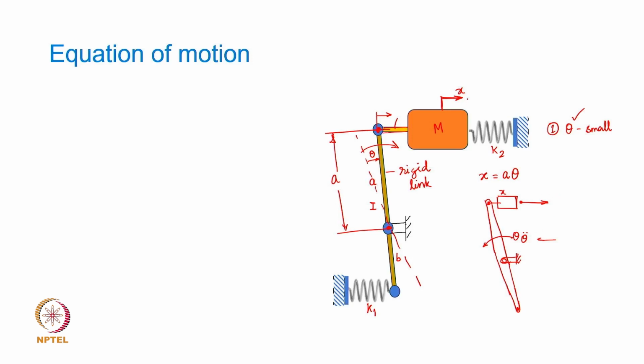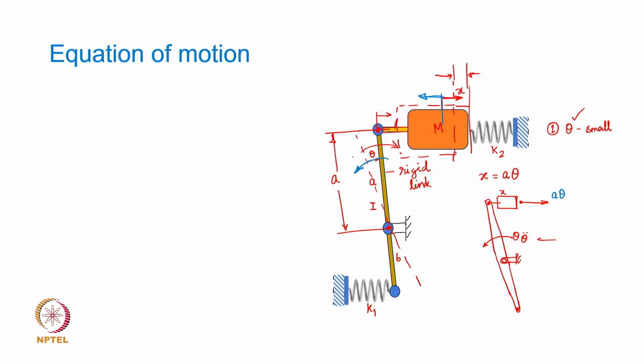If the mass here moves in the leftward direction, there is going to be an additional stretch in the spring. And how much will that value be? That value is going to be A into theta, because if theta is the angular oscillation at any instant of time, then A into theta is the translatory displacement of the mass from its original equilibrium position.